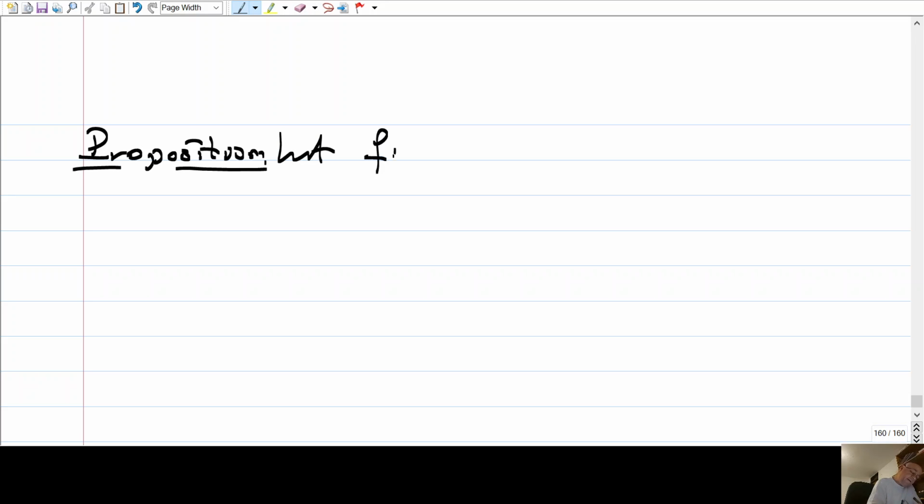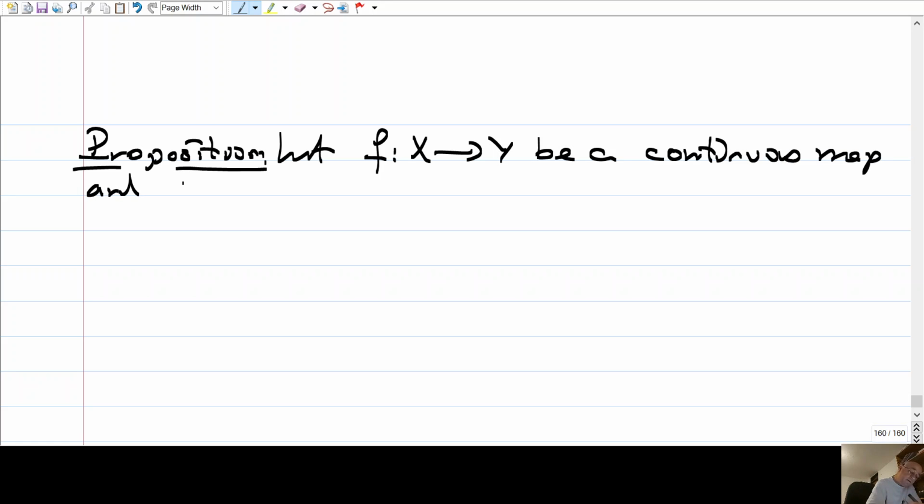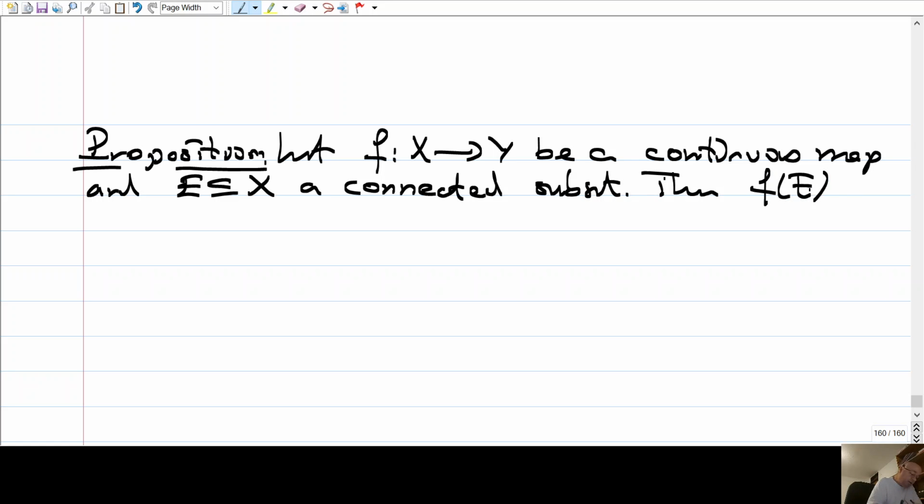Let f from X to Y be a continuous map, and E a connected subset. Then f of E as a subset of Y is connected. So continuous images of connected subsets are connected.